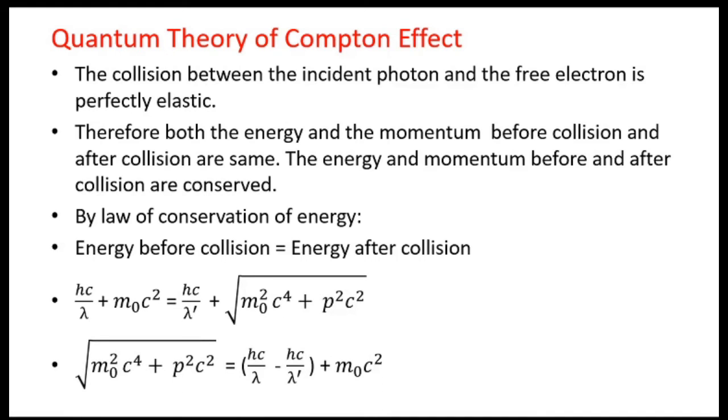Now, if you make the rearrangement, in this case we get under root of m0 square c raised to the power 4 plus p square c square equal to hc upon lambda minus hc upon lambda dash, taking this term here, plus m0 c square.